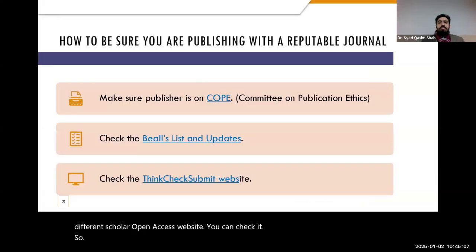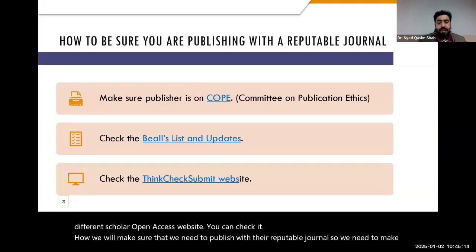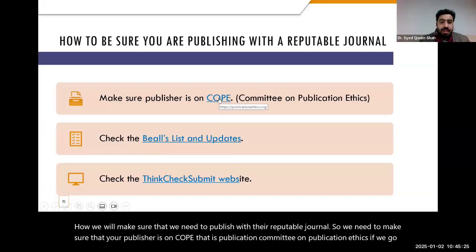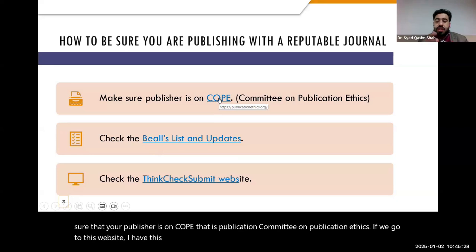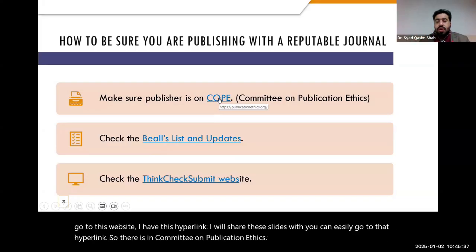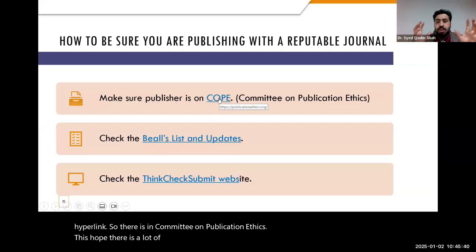So how will we make sure that we publish with a reputable journal? We need to make sure that your publisher is on COPE, the Committee on Publication Ethics. I have this hyperlink and I will share these slides with you, so you can easily go to it. There is a lot of information available about the publisher.